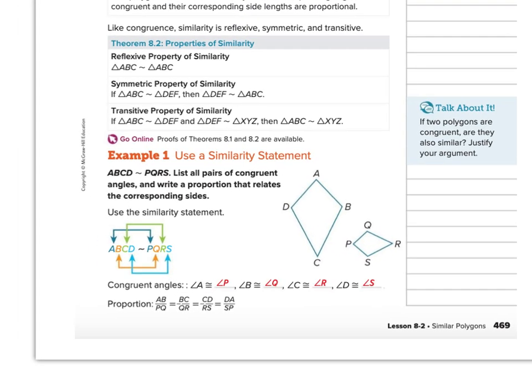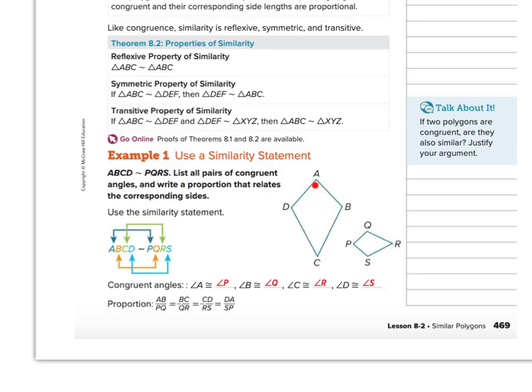Looking at similarity statements is very similar, no pun intended, to congruency statements. This is my similarity symbol, and it says that ABCD is similar to PQRS. Which means that in similarity, my angle measurements remain the same.